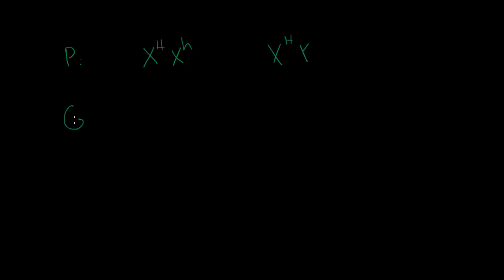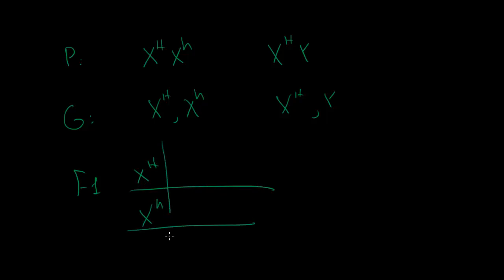If we do the cross here, you can see the gametes of the mother, and these are the gametes of the father. Now the offspring, we have to make our Punnett square, one parent on one side, we make our lines, we put the other parent on the other side.